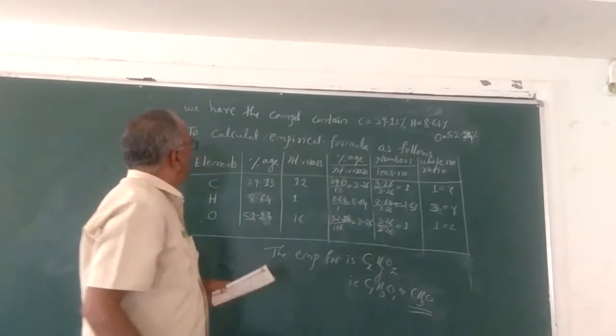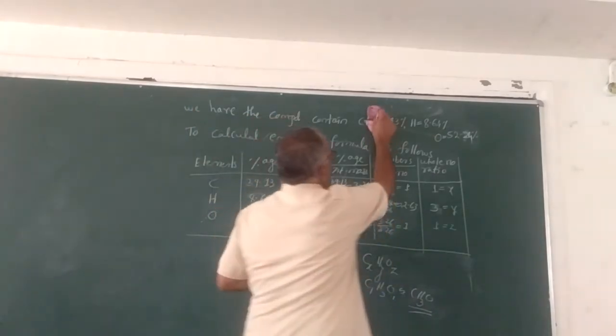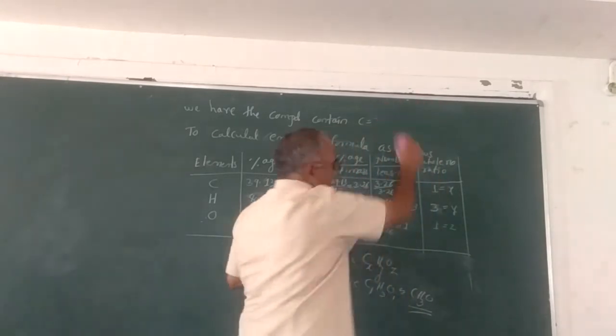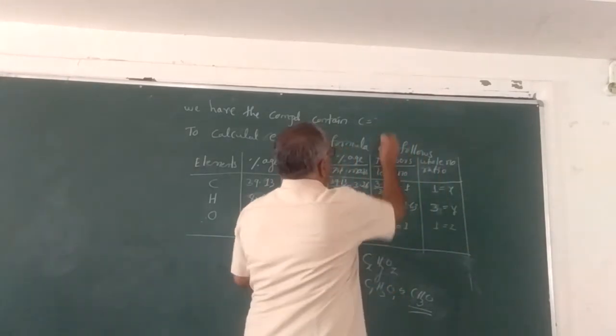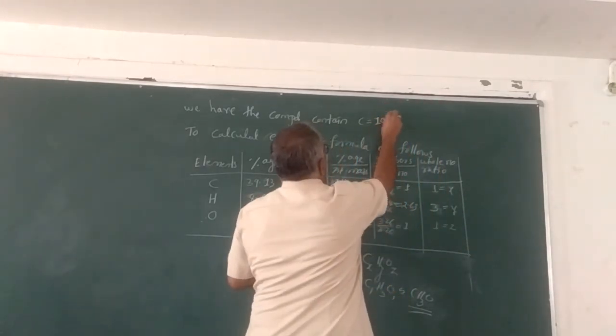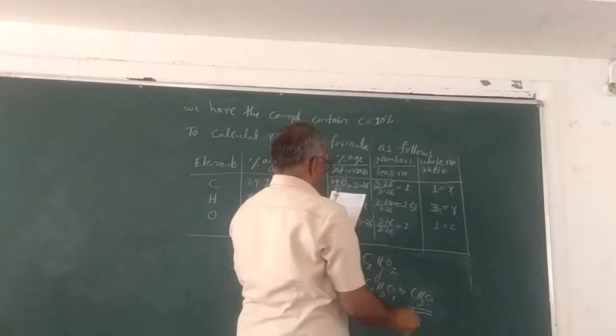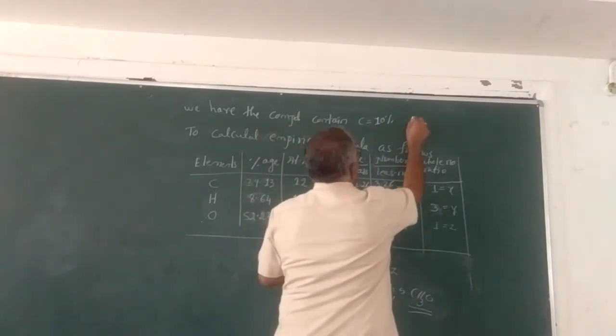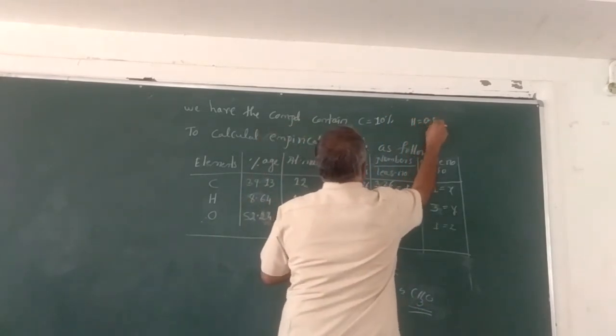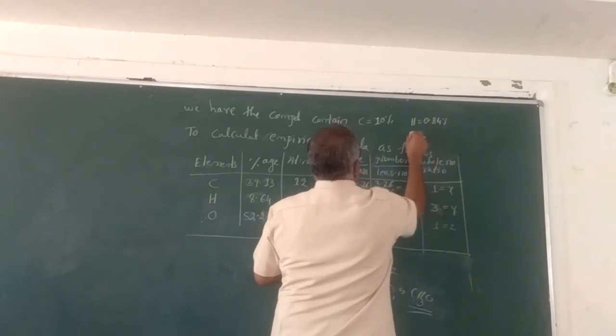So we have the compound contains carbon 10% and hydrogen is 0.84%.